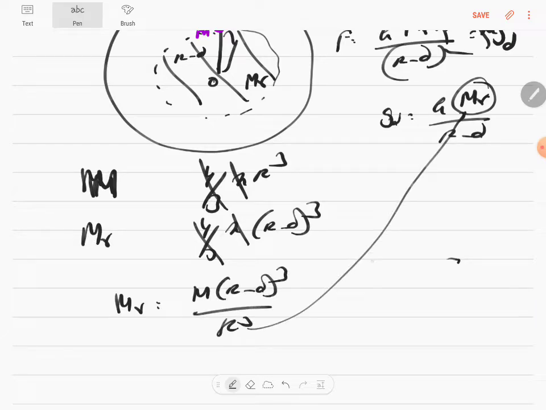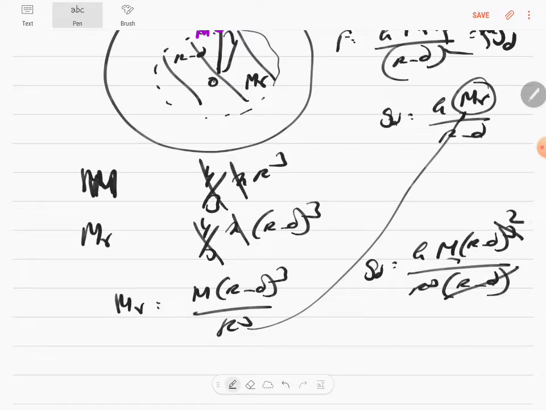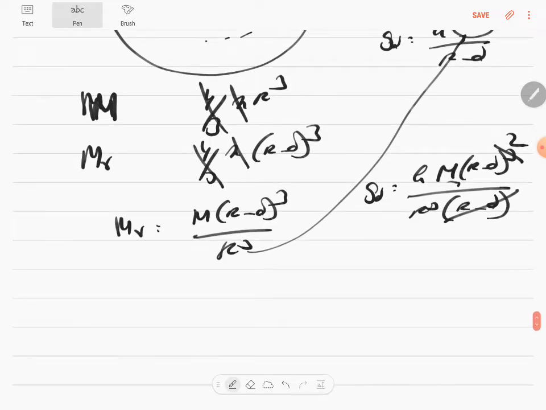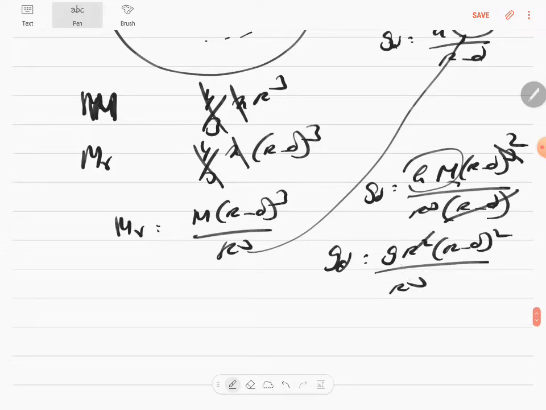Substituting that here, g at depth d is equal to G into M into r minus d the whole cube by R cube into r minus d the whole square. And you can write GM as small g R square. So g at depth d is equal to small g into R square into r minus d the whole cube by R cube. R square and R cube get cancelled.